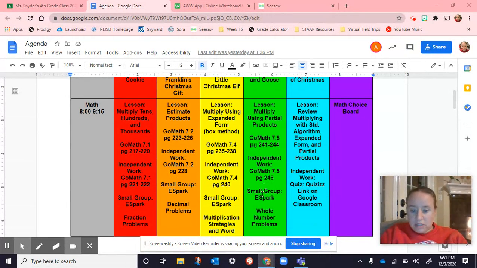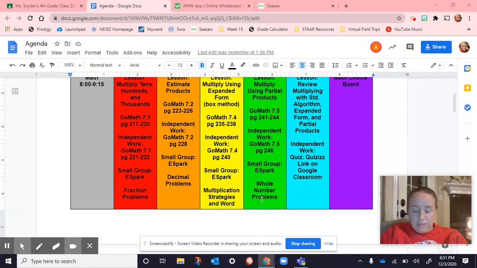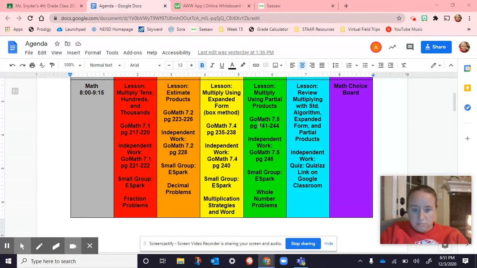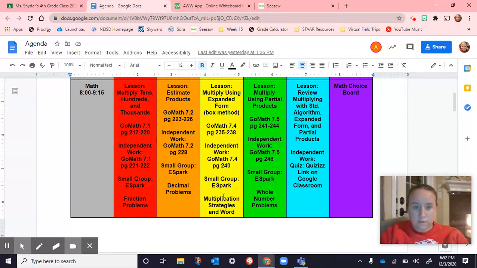When students were done, they worked on eSpark, and then for small group, we continued some things from the lesson, and we'll hopefully get to some of these problems that I wanted to go over more tomorrow. Because tomorrow we just have a quiz and we're reviewing, so we'll get to the ones we've not gotten to after our quiz.